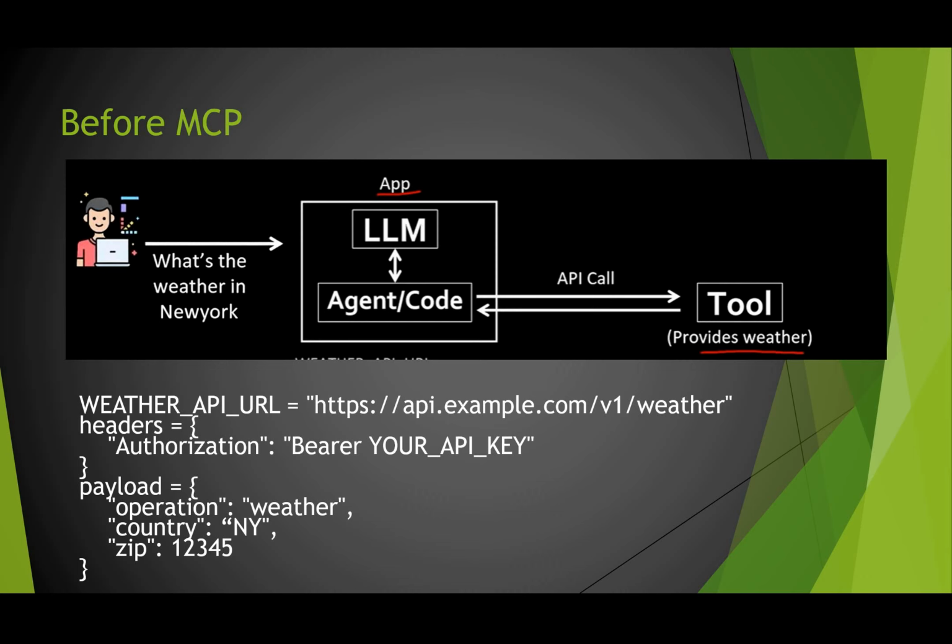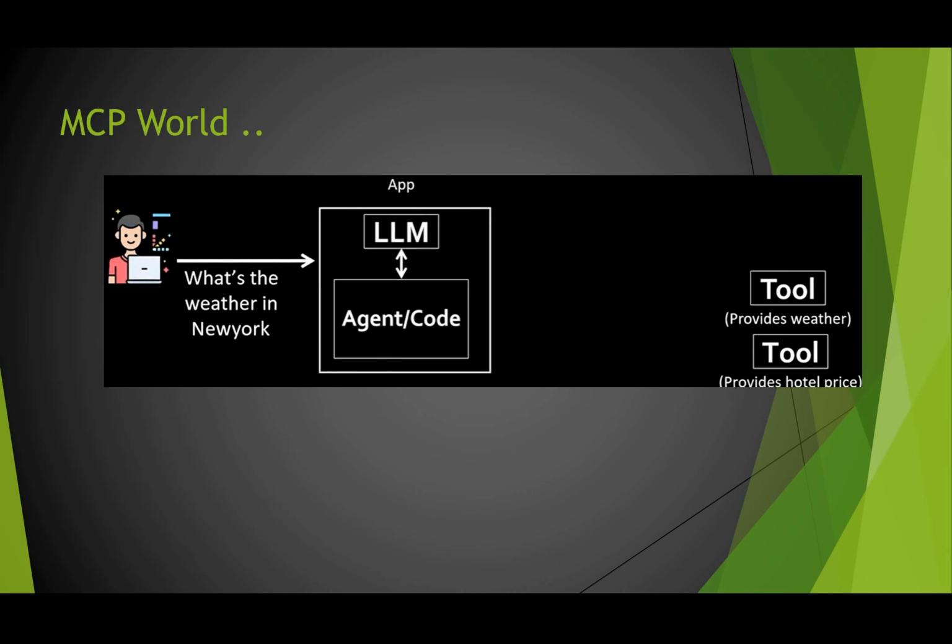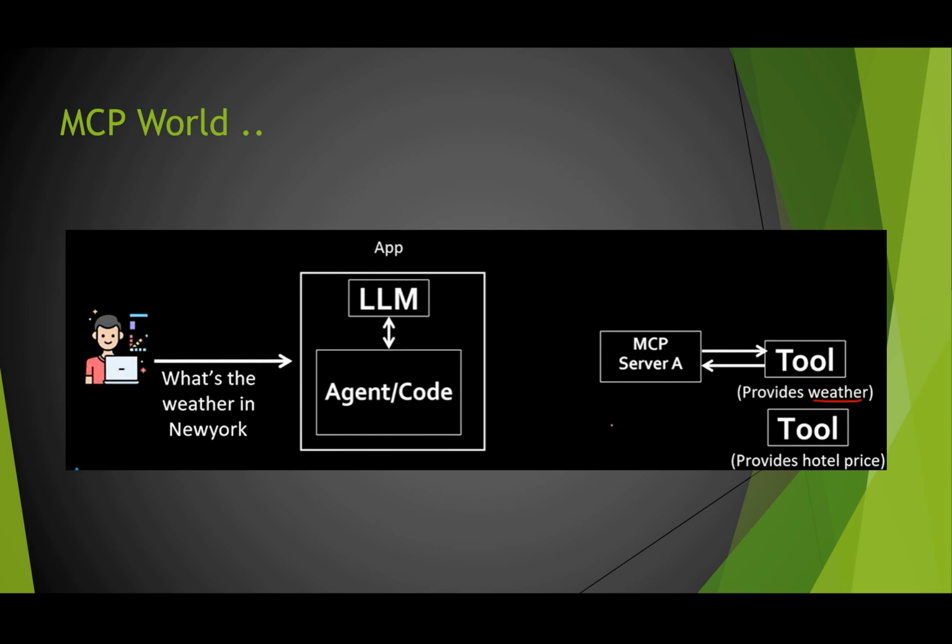If we go into the MCP world, instead of you creating and maintaining all these different APIs and URLs, whosoever is developing the weather tool has to expose one MCP server.